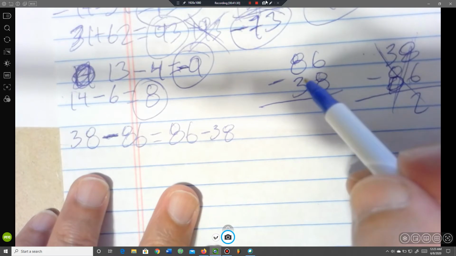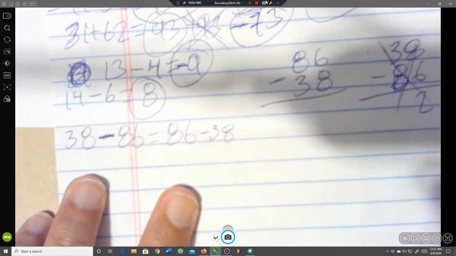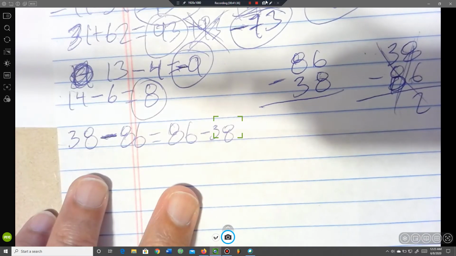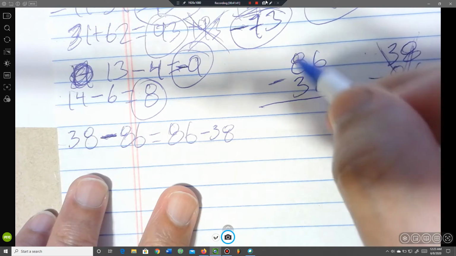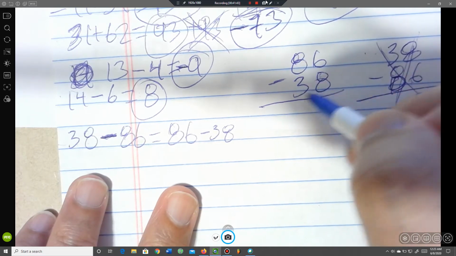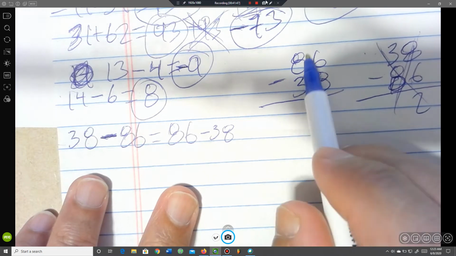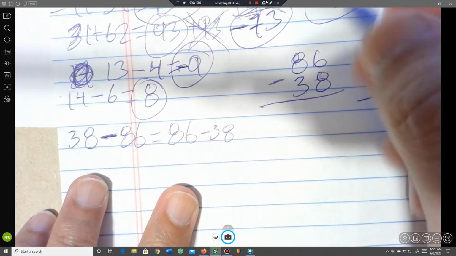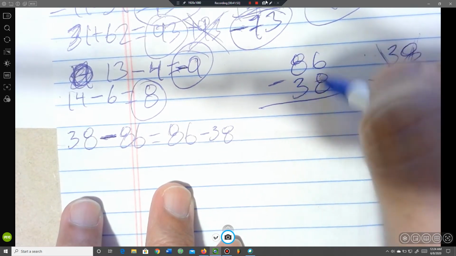Yeah, this method is better because you have a larger value on top and a smaller one at the bottom, so you're subtracting a small value from a larger value. That's why it's easier and faster to do it this way.